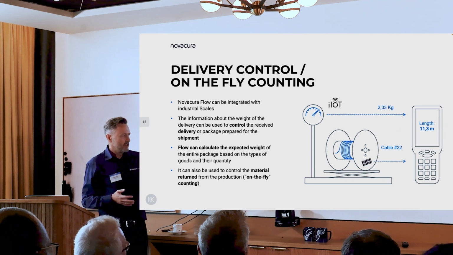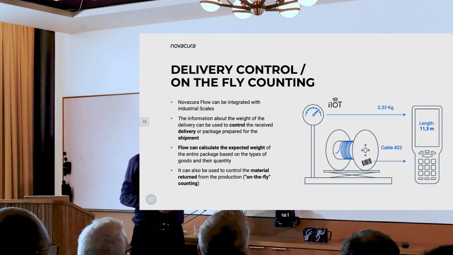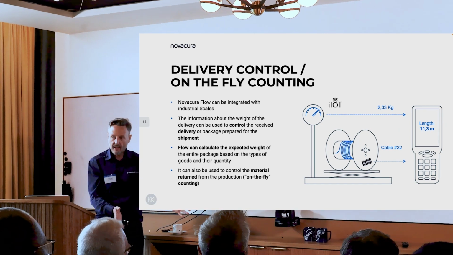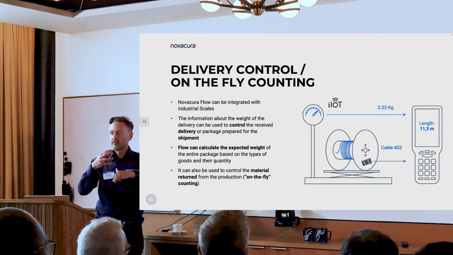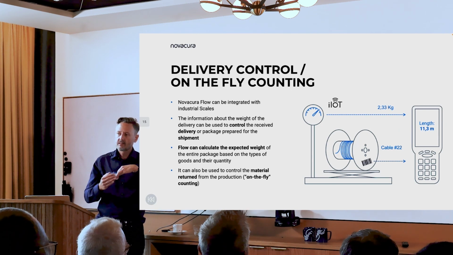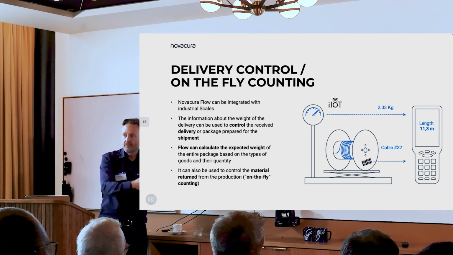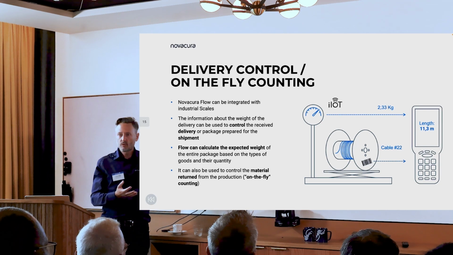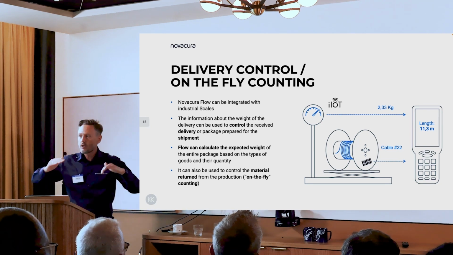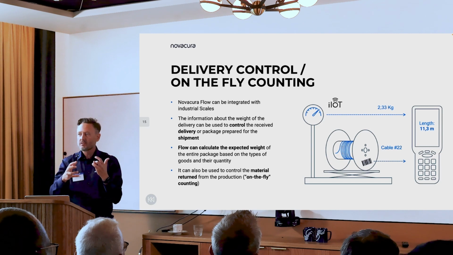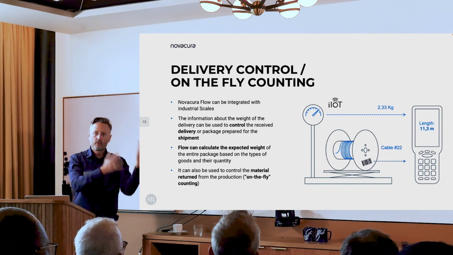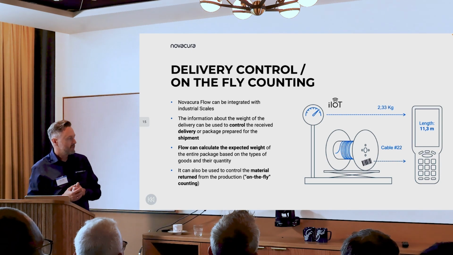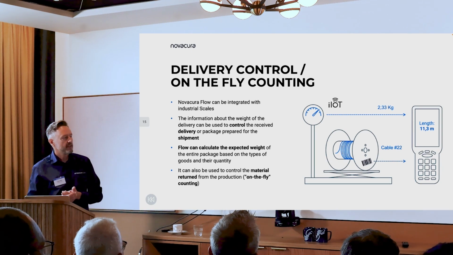The way to handle and check this is to put the entire wire on the scale, check the weight, and then Flow automatically converts the measured weight into meters of wire. So it can be done automatically. You perfectly know how many meters returned from the production and how many meters you will put in the warehouse again for the future production. So it's on-the-fly counting based on the weighed material.